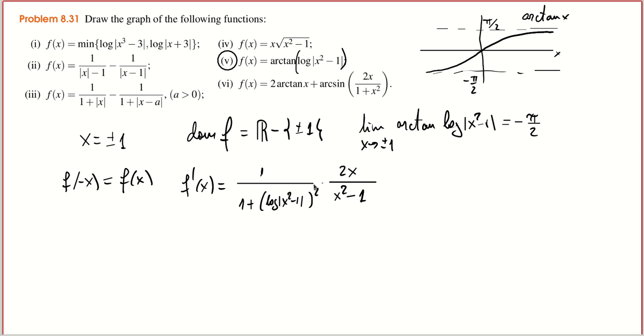Okay, what happens? Well, this derivative is well defined except for x equal to plus or minus 1, right? When x is equal to plus or minus 1, the denominator here vanishes, and it actually changes sign from one side of 1 to the other. Well, we'll see that later.